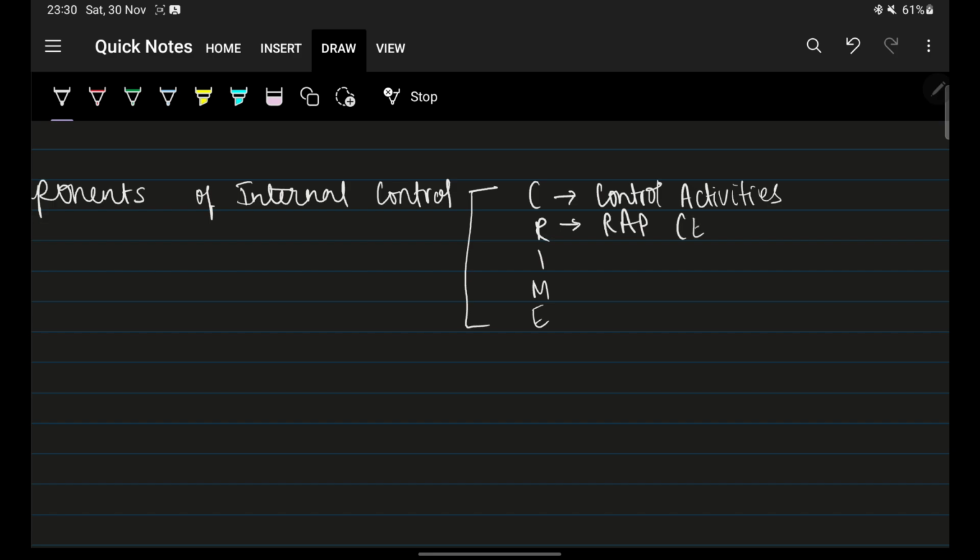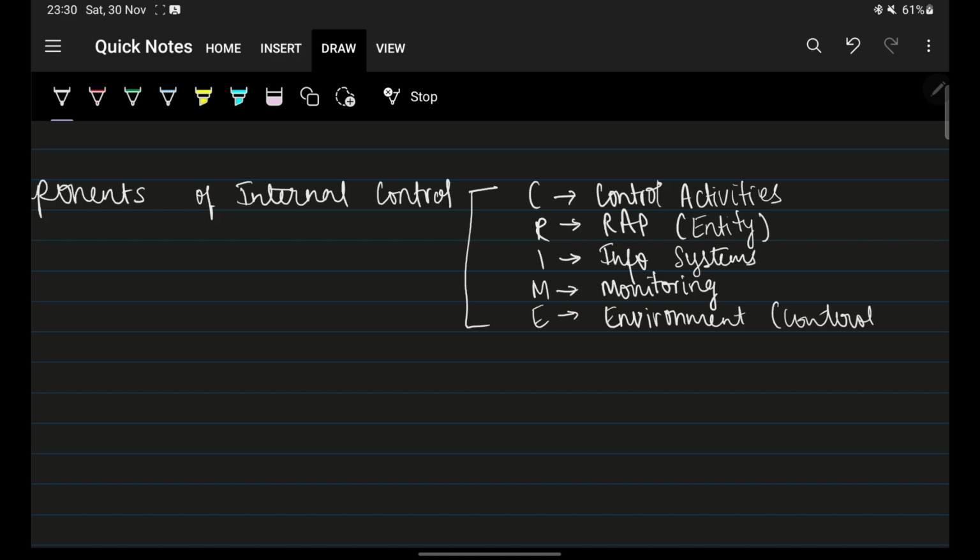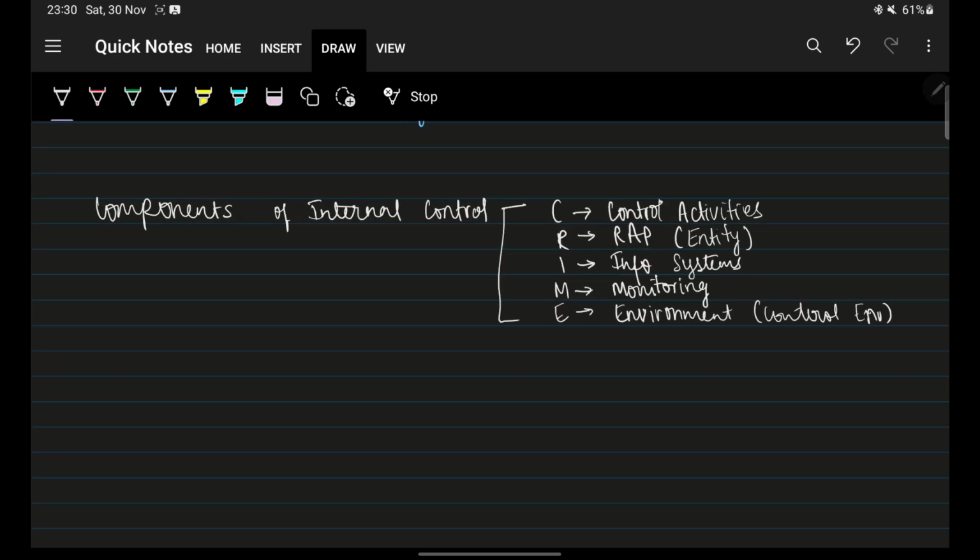By whom? This is done by the entity, for the entity. From I we have information systems. From M we have monitoring, and lastly we have the control environment. So these are the components of internal control: control activities, risk assessment procedures, information systems, monitoring, and control environment.